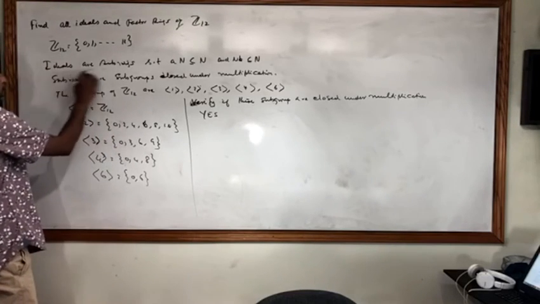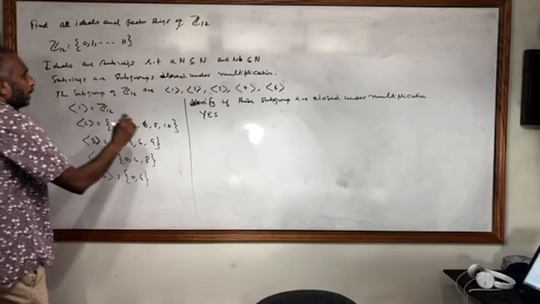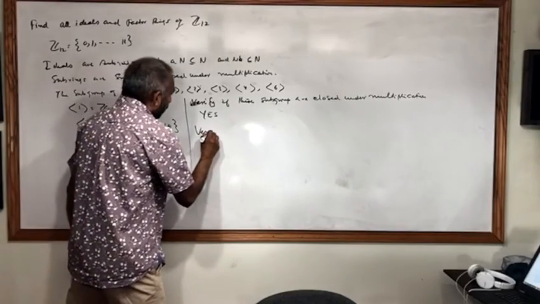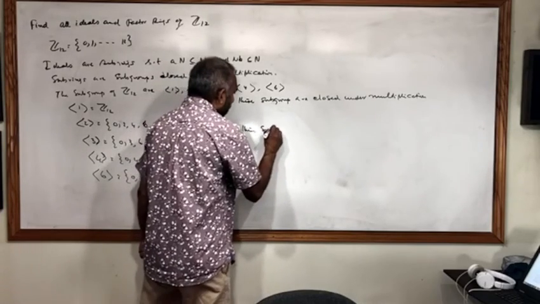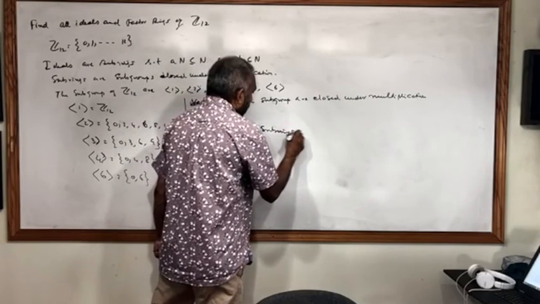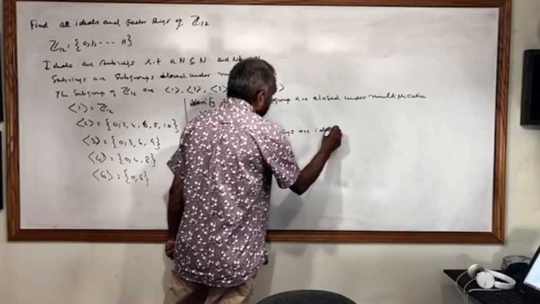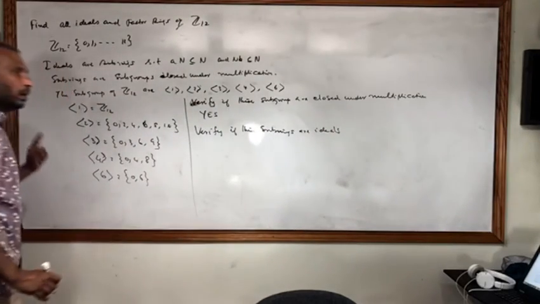Now we need to verify if these subrings are ideals, and all of them are ideals.